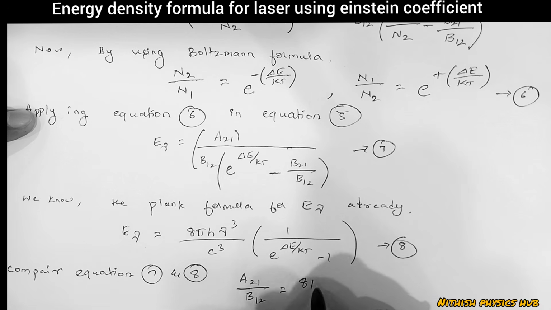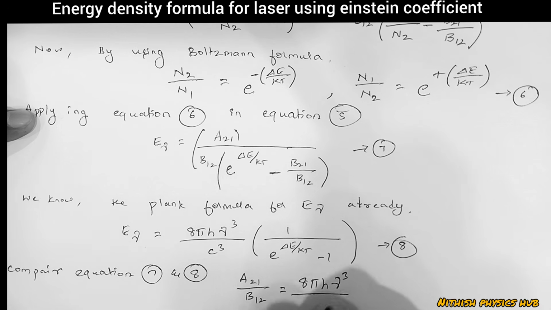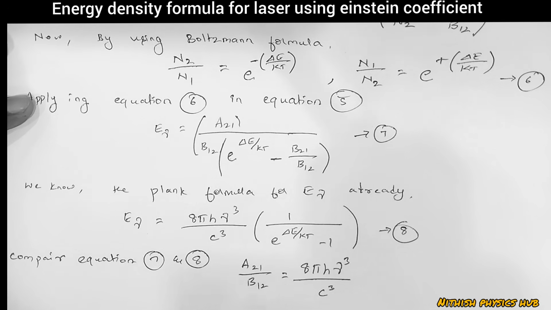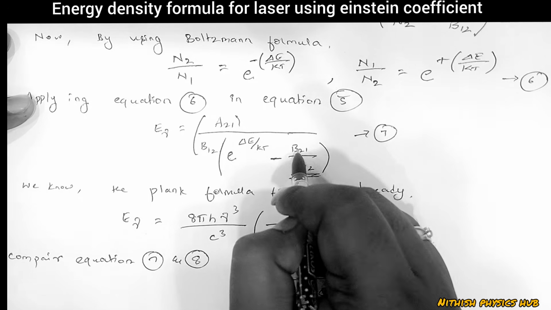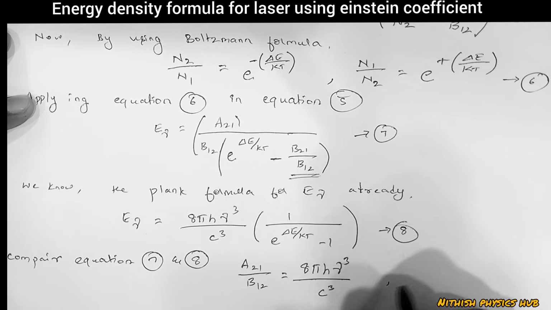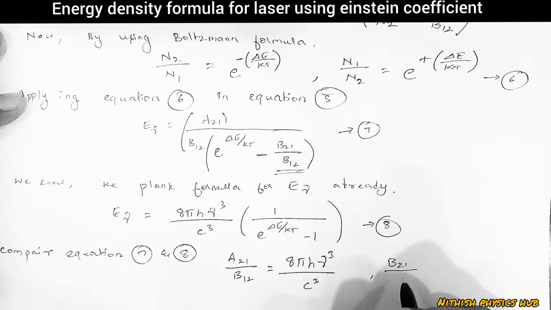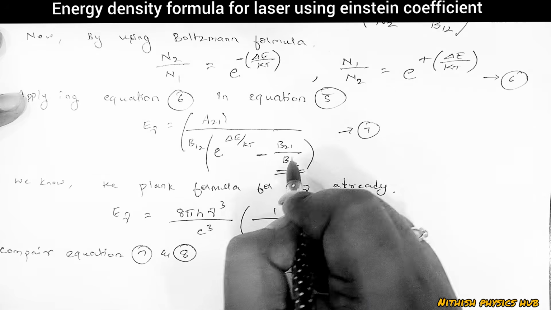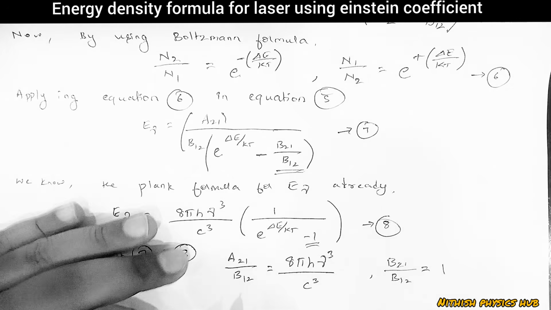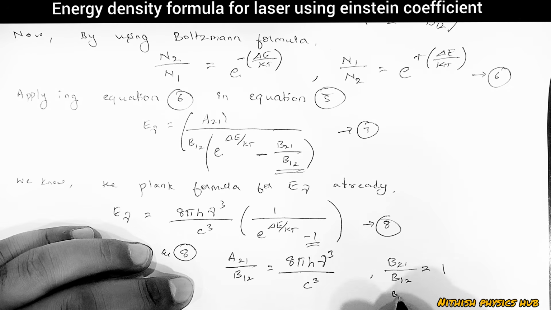The value 8 pi h mu cube divided by c cube is there. So this is the comparison. And one more comparison, just observe. In the place of B21 divided by B12, what is there? The value is equated to 1.